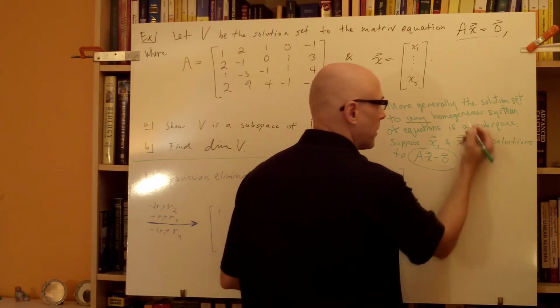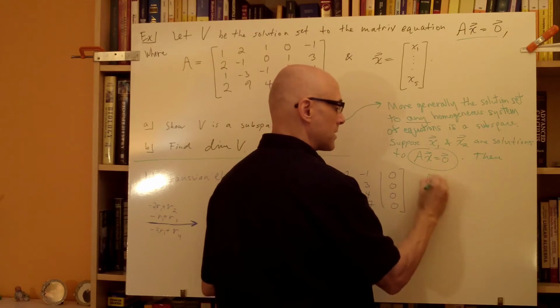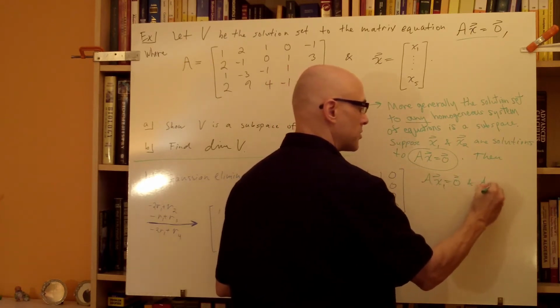Then what does that mean? That means that A times x1 is 0, and A times x2 is 0.